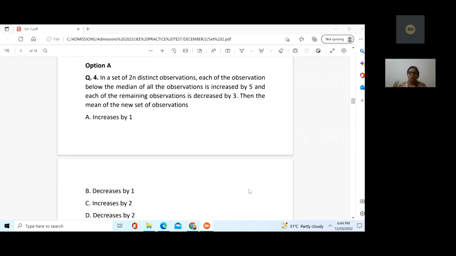So what you want to do is just refresh all the formulas and topics that you have studied. So please understand it's okay if you're not able to solve it in the first attempt. Just try solving. Maybe after one or two sessions, you'll be able to start it from your own side. So yes, I think you're solving the question.